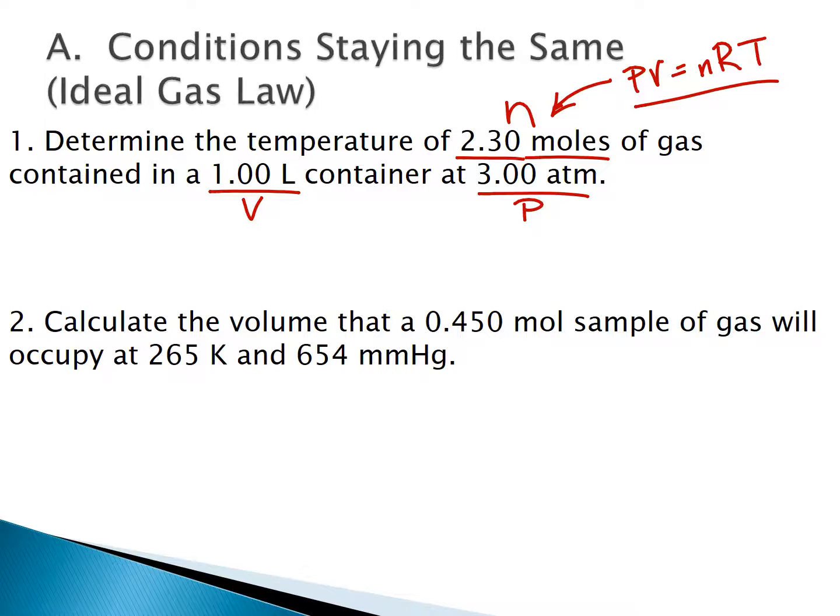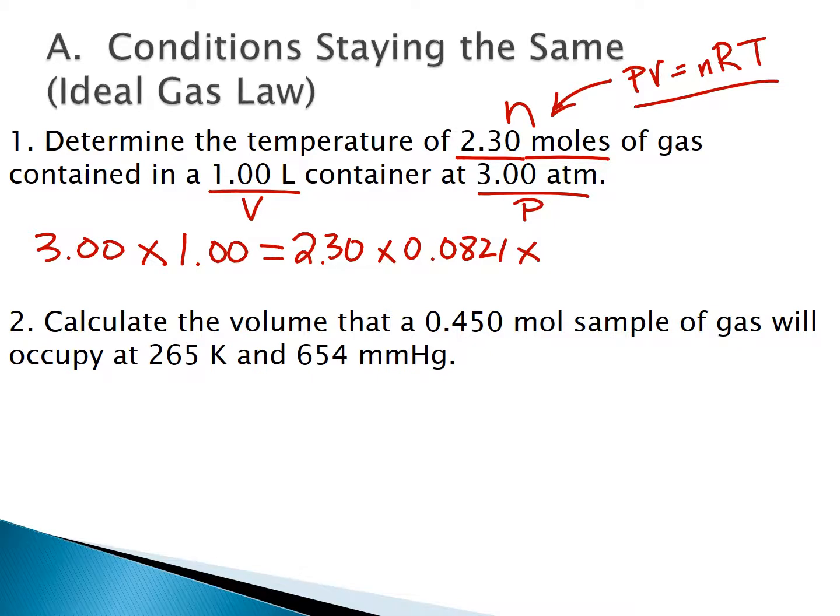So let's go ahead and fill in the numbers. The pressure is 3.00 times the volume, which is 1.00, equals n, which is 2.30, times R, which is 0.0821. Remember, that'll be given to you, times the temperature.